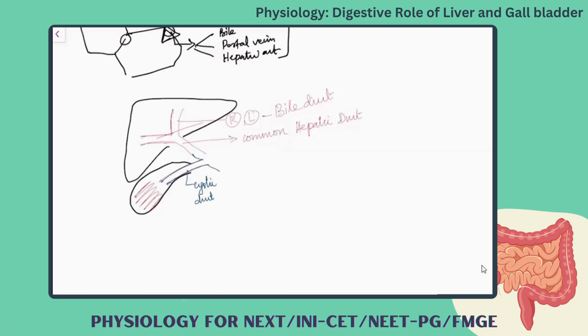The duct from the liver and the duct from the gallbladder combine together and form the common bile duct.